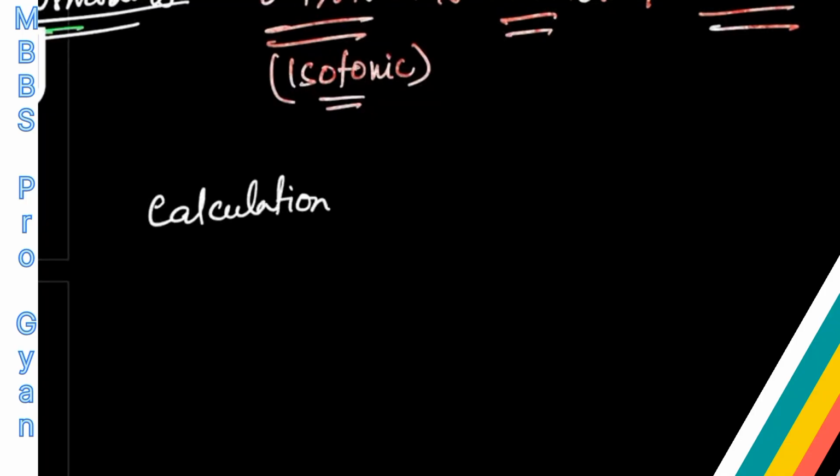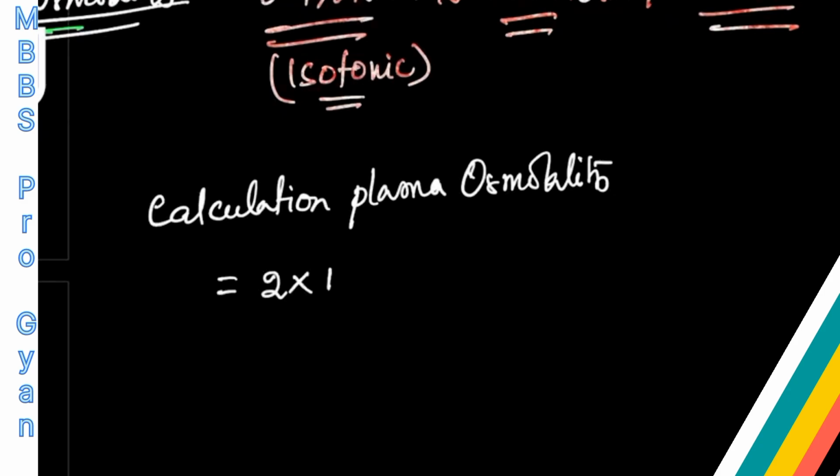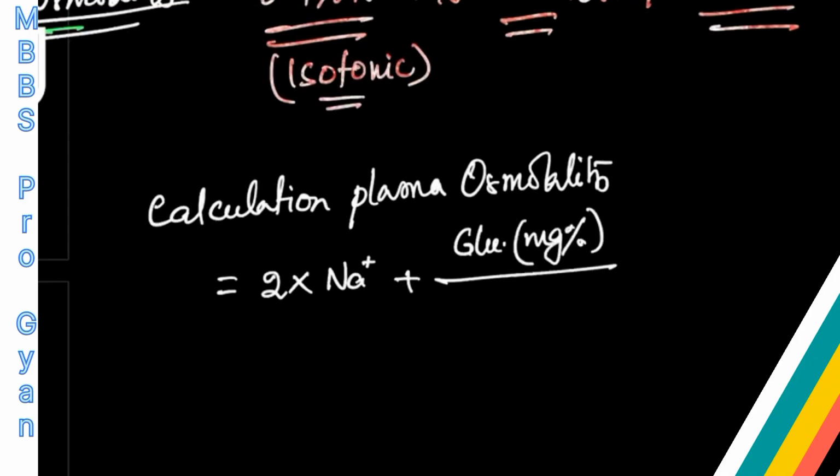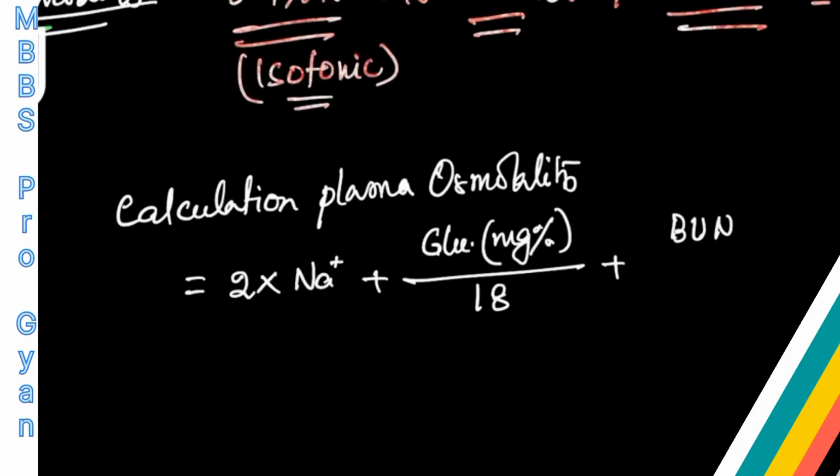Okay, that is the additional topic you have to remember, that calculation of plasma osmolality, all of you know this thing, is done by a formula which is 2 multiplied by the sodium concentration in the plasma, plus glucose concentration in milligram per dL, meaning milligram percentage, upon 18, plus blood urea nitrogen, that is also in milligram percentage, that is milligram per dL, upon 2.8.